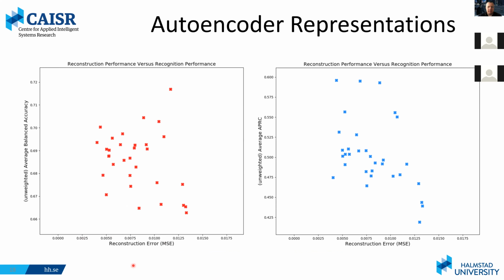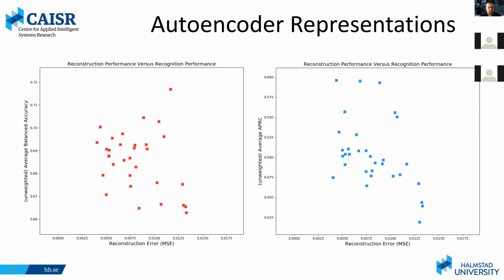A good autoencoder which is very precise in reconstructing the signal will capture a lot of uninteresting parameters as well. And the autoencoder which is worse at doing that, which actually discards some of the noise in the data, might be significantly better for doing the classification.